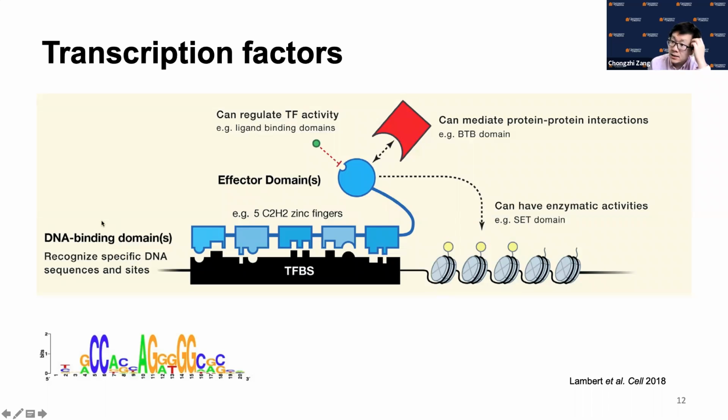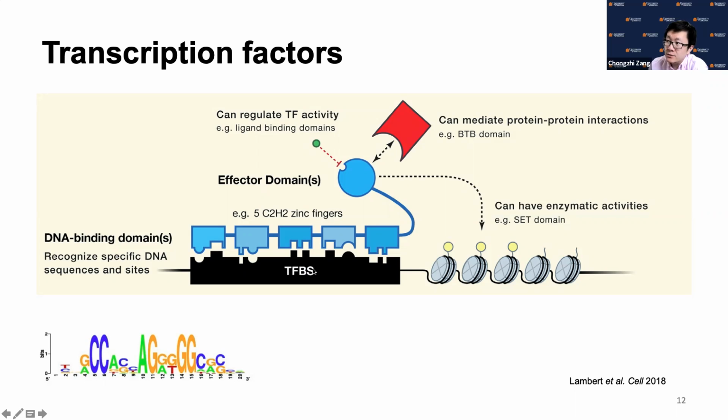The other important functional domain on transcription factors is the DNA binding domain. These domains can recognize specific DNA sequences. As this diagram shows as an example, this transcription factor has 5 zinc fingers. Each zinc finger domain can recognize a certain DNA sequence, and together they form very specific DNA binding sites.